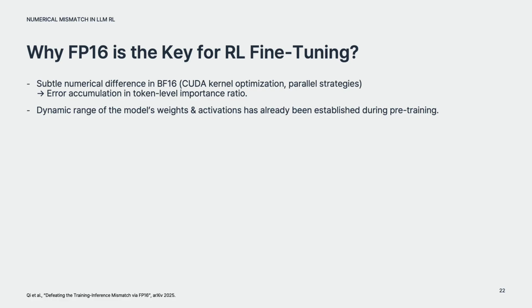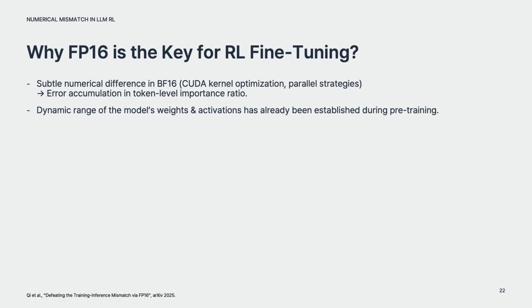There are two key reasons why float point 16 can be particularly effective for RL fine-tuning. First, when using BF16, subtle numerical differences introduced by CUDA kernel optimizations or some parallel execution strategies can lead to small errors in token-level importance ratios, which then accumulate over time.